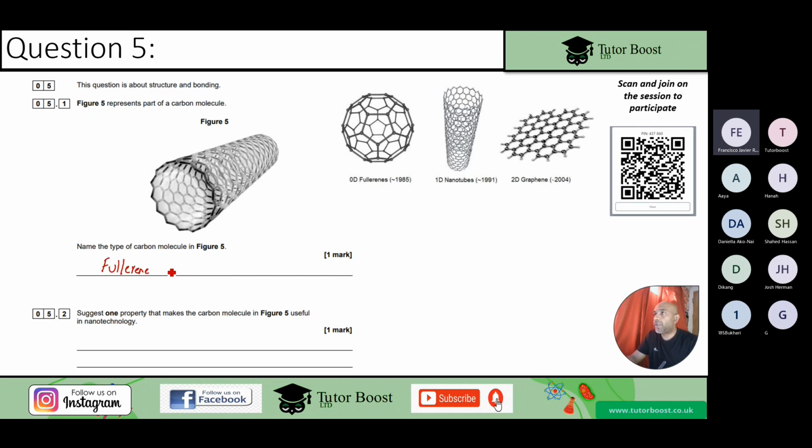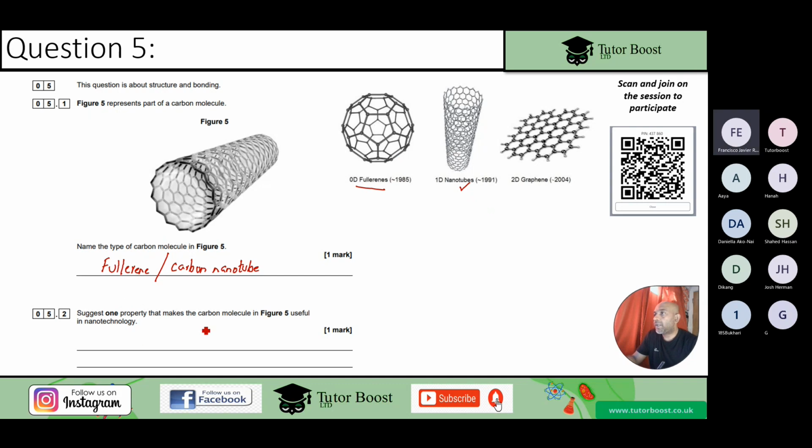Fullerene, or you could say carbon nanotube. Both of these will be accepted. Now, here it says fullerene, but this is actually a circular structure. This is actually called Buckminster fullerene. Please do not write Buckminster fullerene because you will not get a mark for that.